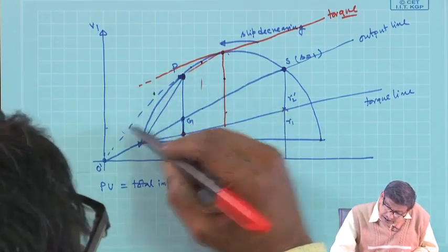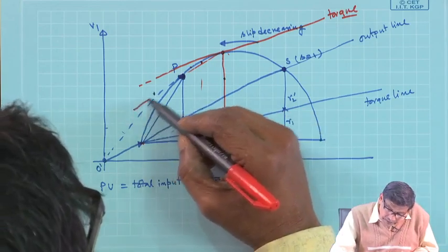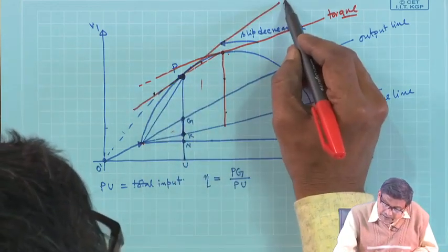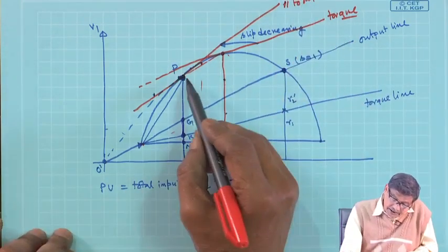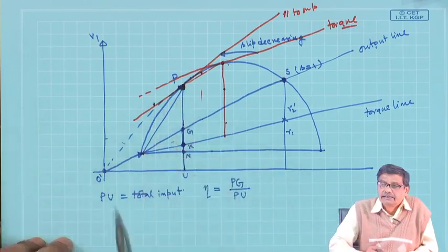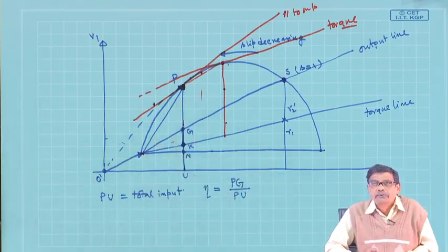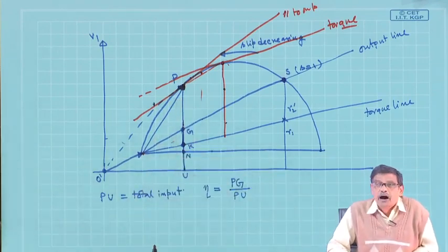So, draw a line parallel to output line, and wherever it cuts, I say that is the operating point corresponding to maximum output power.